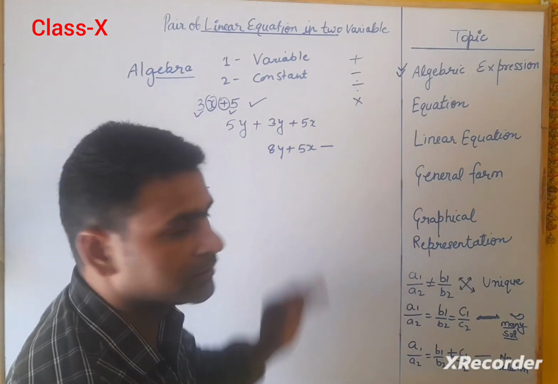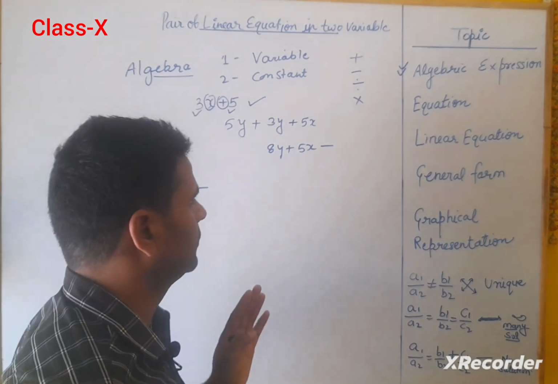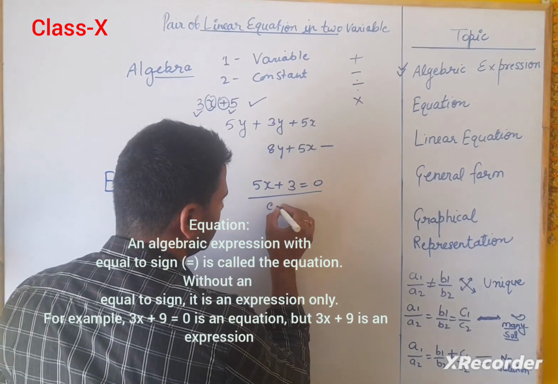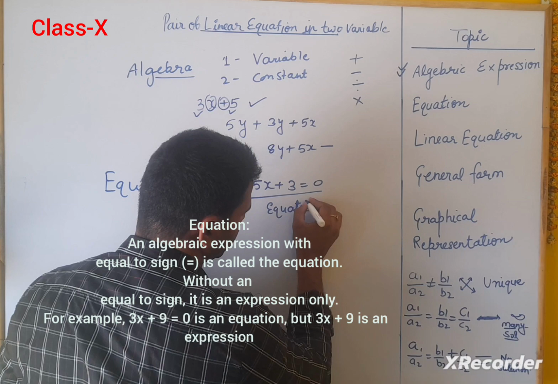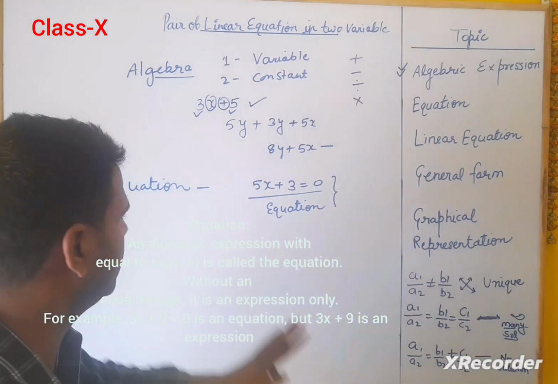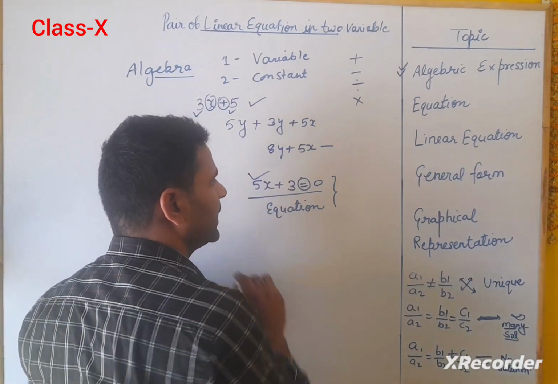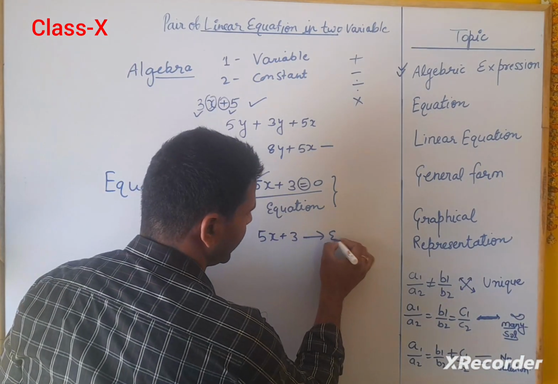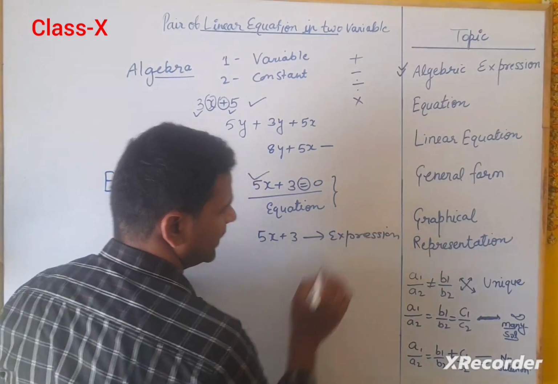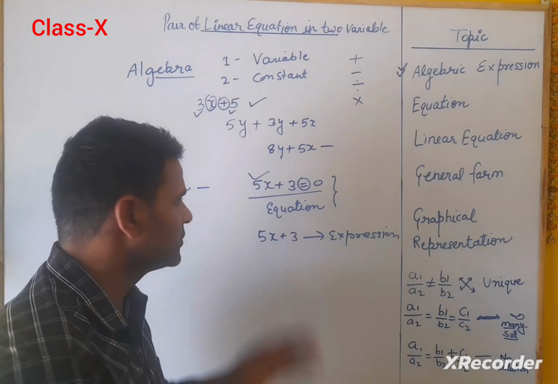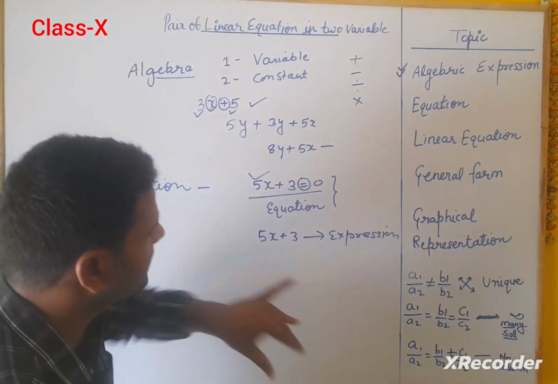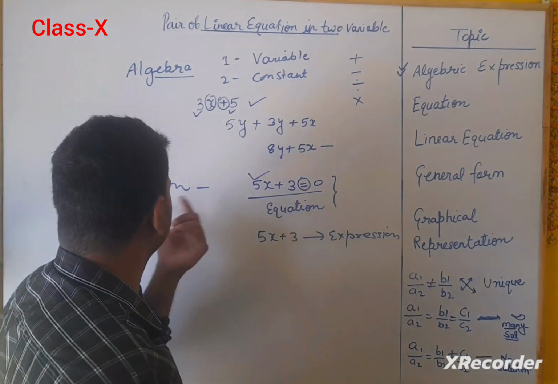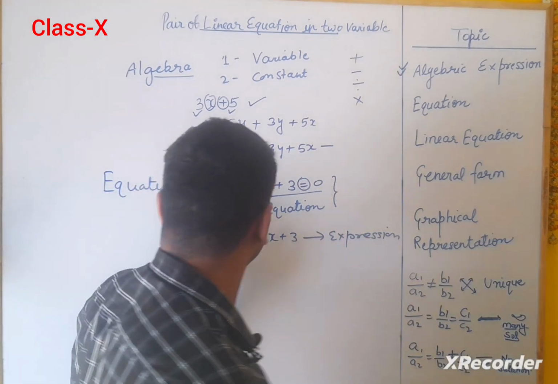When we represent an algebraic expression with an equal sign, that is called an equation. Without the equal sign, that is an expression. So if we include the equal sign in any algebraic expression, we can say that it is an equation. A very basic idea for equations.